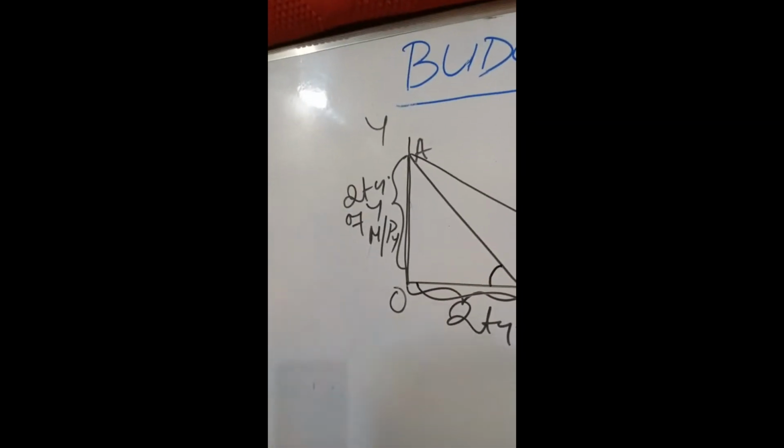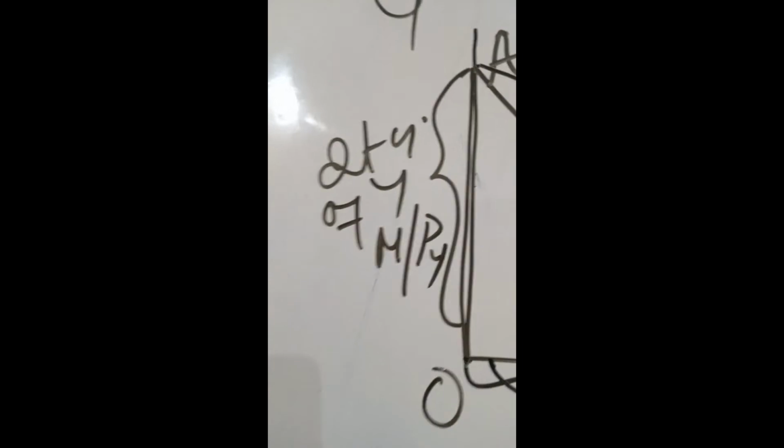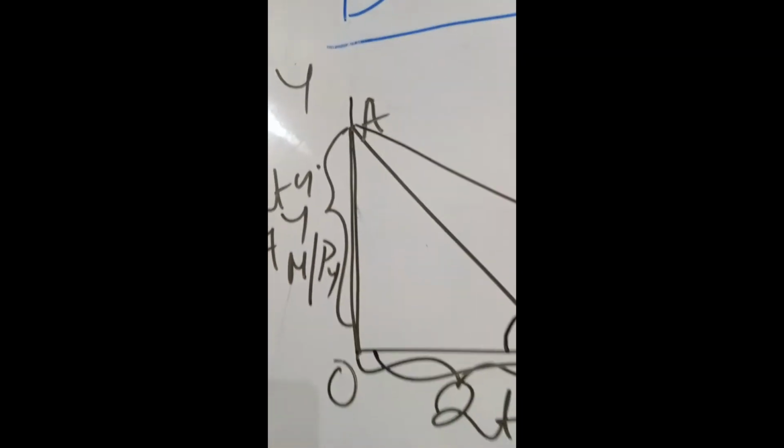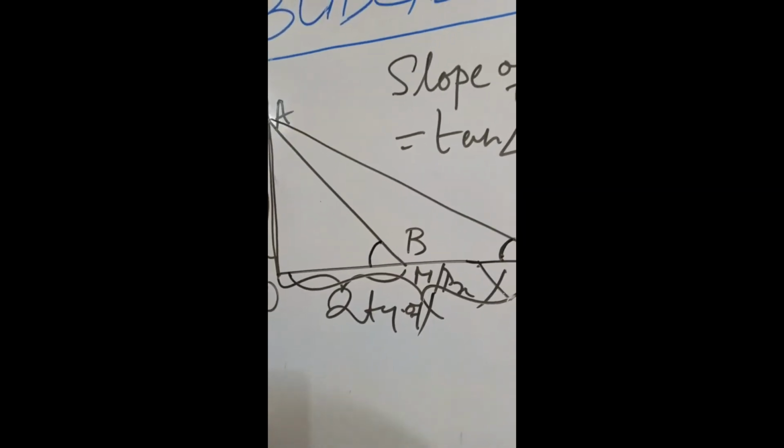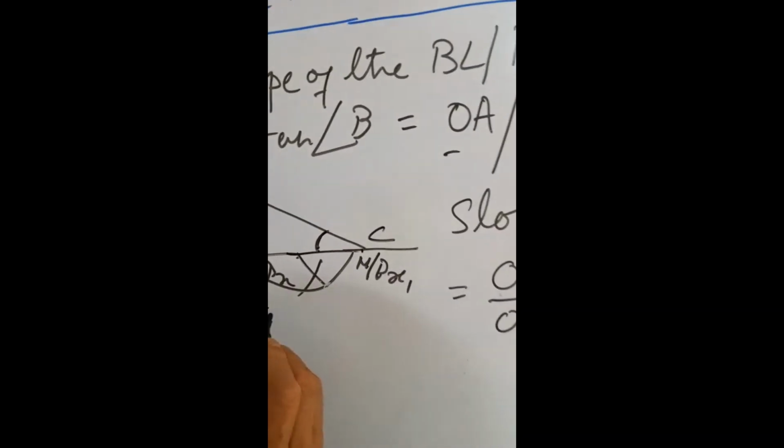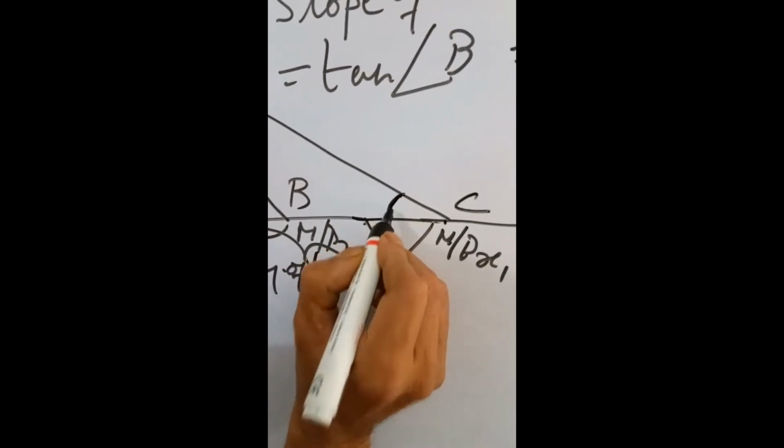Since price of X has now fallen and the consumer is able to purchase more, this angle now will be lower than this angle.